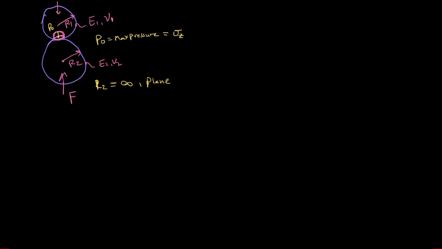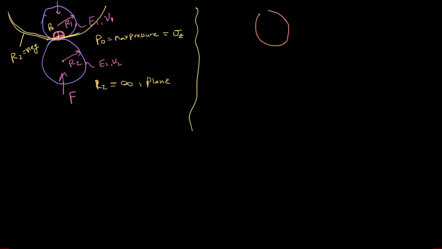If you have a cylinder inside a convex surface, then in this case R2 is actually negative. Okay, so we also take a look at two cylinders in contact with each other.